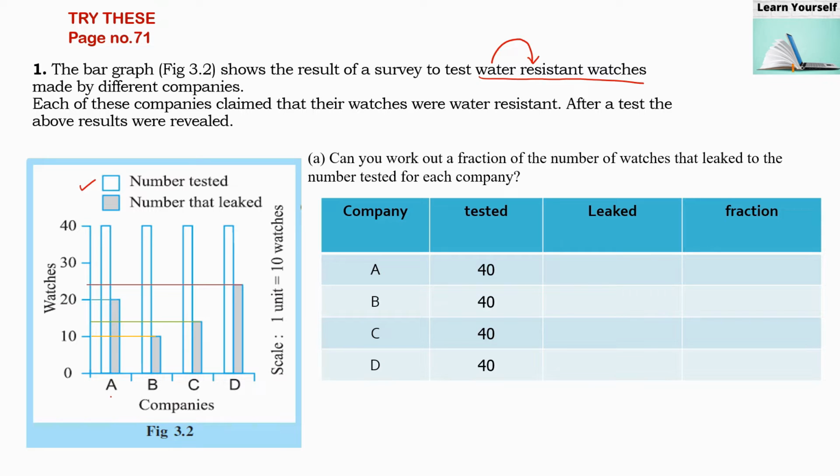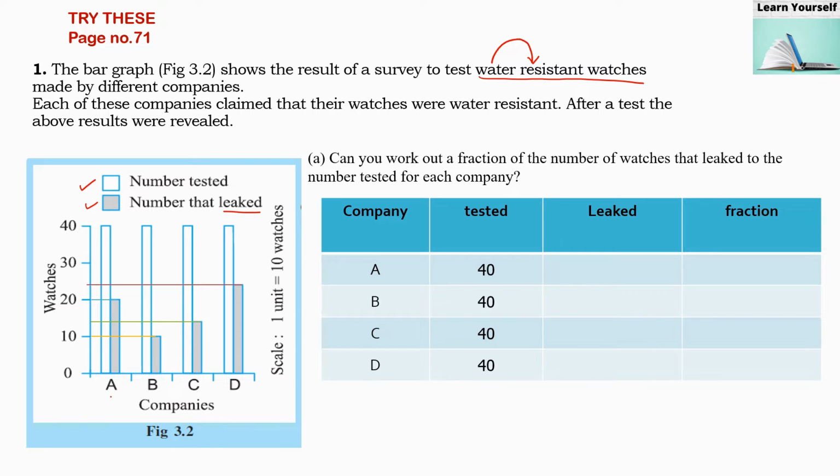And the gray bar will tell us the number that leaked, how many watches were faulty and they leaked. The water got into them and they stopped working. That is the meaning of number of watches leaked, and these watches are not good. They are not water resistant.